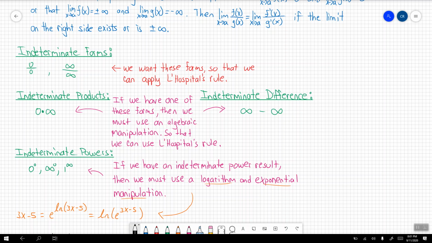That's perfect because we have now manipulated this initial expression to have some sort of exponential and some sort of logarithmic function. The same works the other way around if we take the natural log of the exponent, in this case e to the power of 3 to the power of x minus 5. So again, anytime we have these indeterminate powers, we must use a logarithmic and exponential manipulation to arrive at limits that we can evaluate.